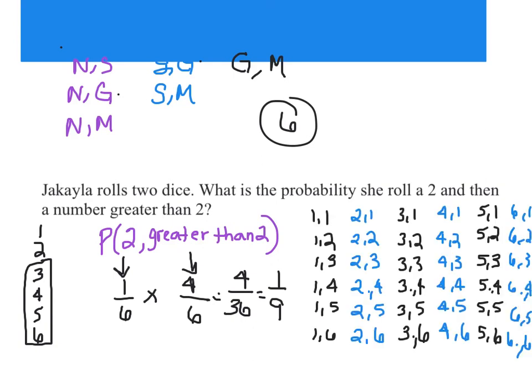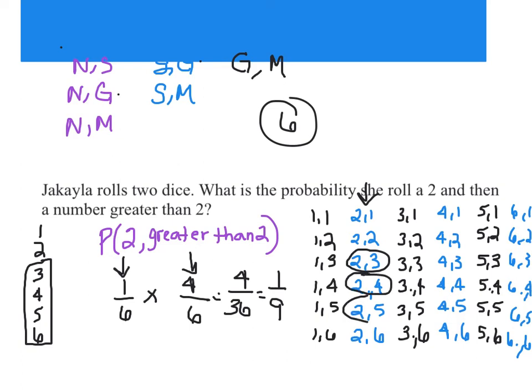So now let's check and make sure that this shortcut actually worked. If I have my list over to the right and I want a number that starts with a 2, that means I can only look in this column right here. And then we need a number after that that's greater than 2. So this outcome works. It starts with a 2. The second number is greater than 2.